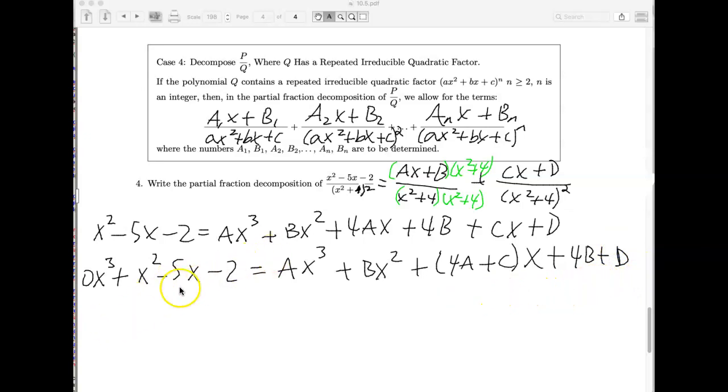And so now when we equate the coefficients, remember, because this left side is equal to this right side, if you look at the terms, the x cubes are going to match up, and the only way that the left side is going to equal the right side is for a to equal 0, b to equal 1, for 4a plus c to equal -5, and lastly the 4b plus d to equal -2.